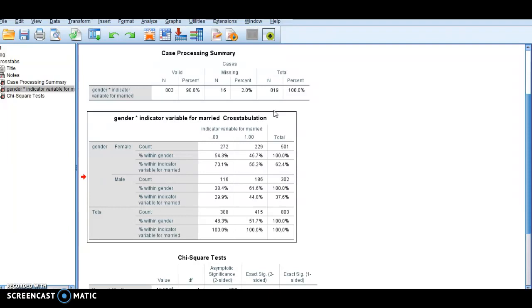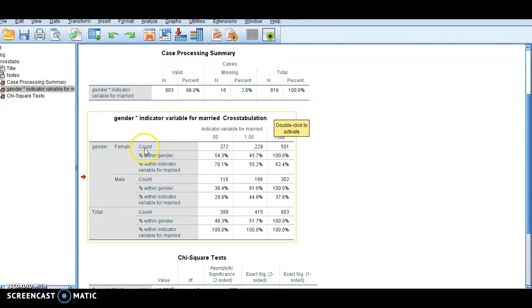So if I instead asked you, instead of saying of those who were married, what percent were female, what if I instead said of those who were female, what percent were married? That's a different question. So of those who were female, I would look at this row: the 272 that were not married and the 229 that were married, totals 501.